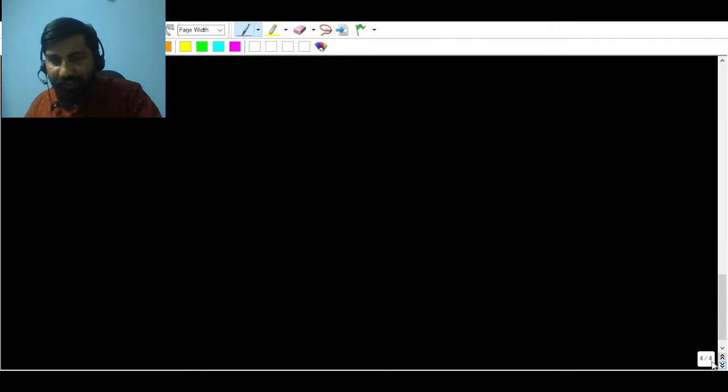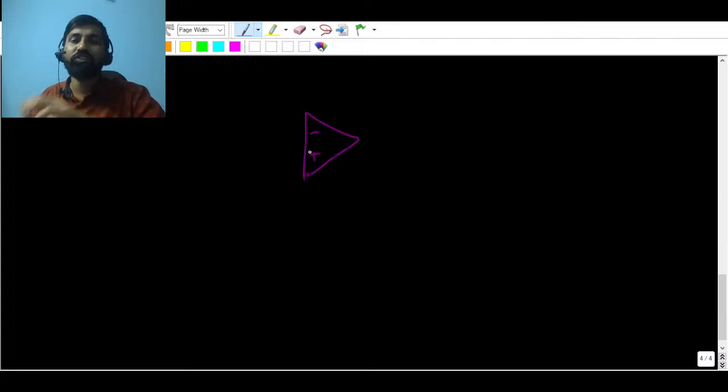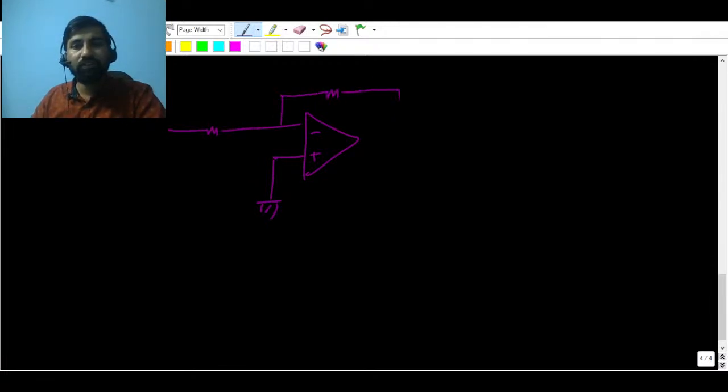If I consider an op amp circuit here, suppose this is an op amp, and this is grounded, and I'm considering an inverting op amp. This is Vout, this is input Vi, this is R2 and this is R1.